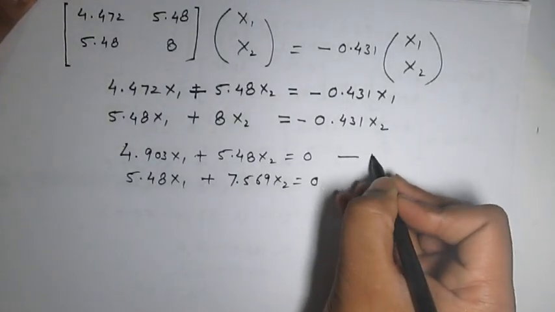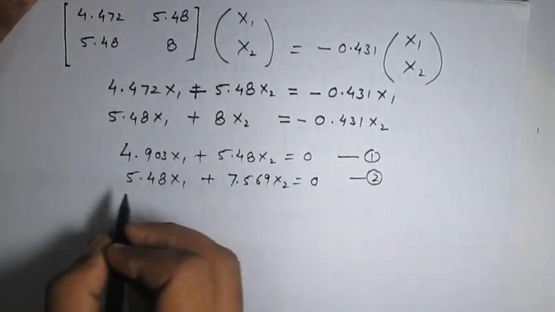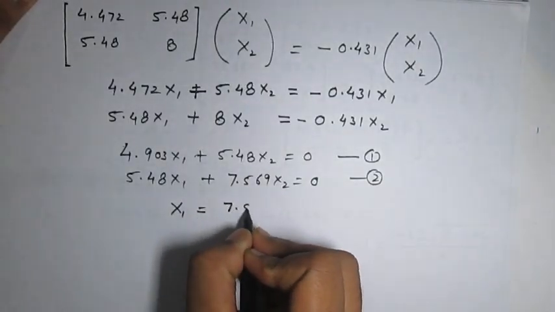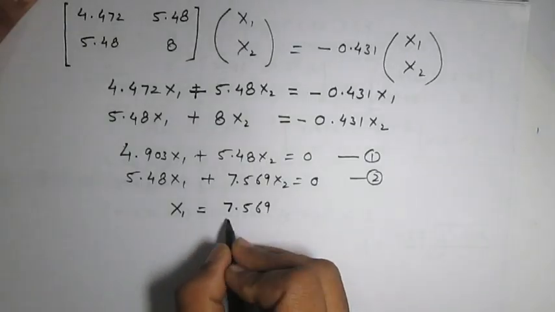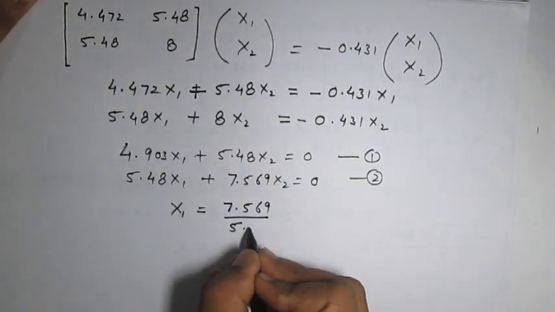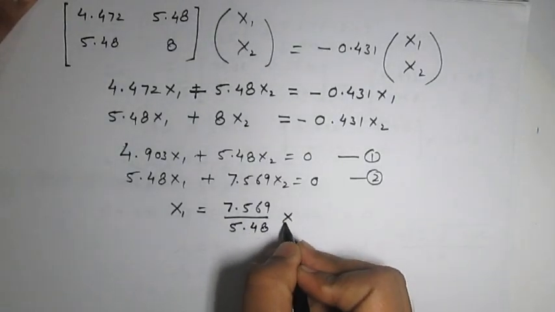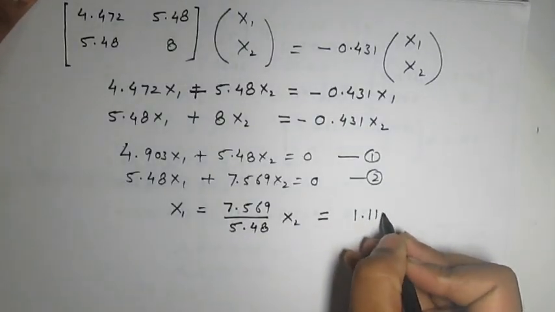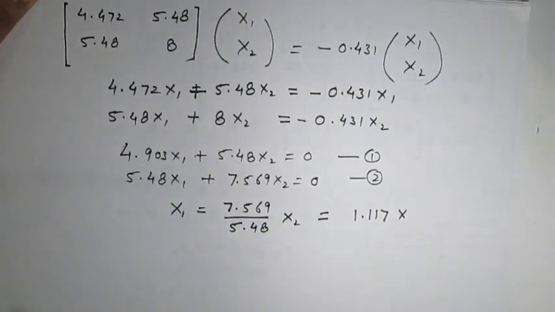From equation 1, we get x1 equal to 7.569 divided by 5.48 x2. This is equal to 1.117 x2.